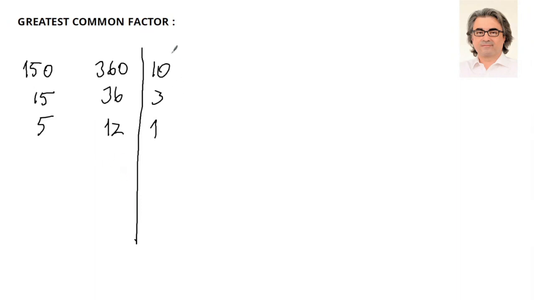Now, if you multiply these numbers, 10, 3, and 1, of course 1 is not necessary in multiplication, there is no effect. So 3 times 10 gives you the greatest common factor of these two numbers, 150 and 360. 30 is the greatest one.